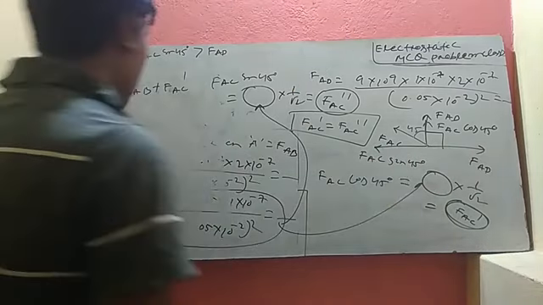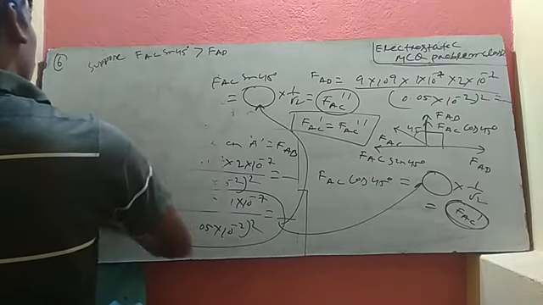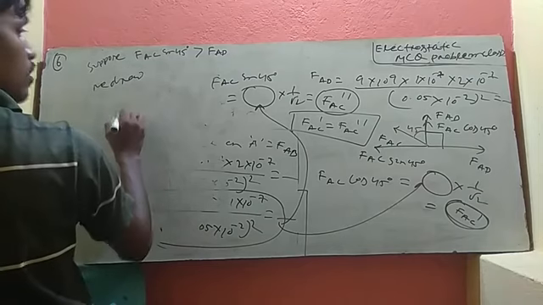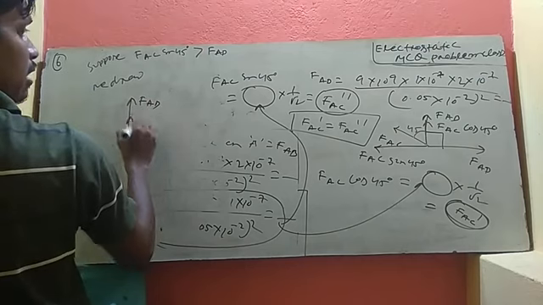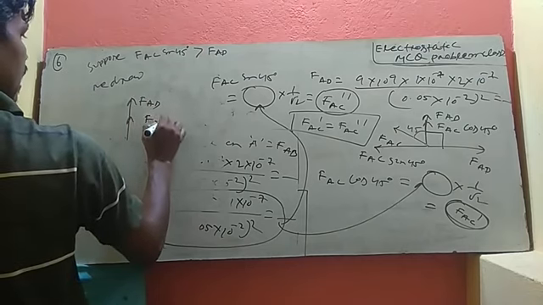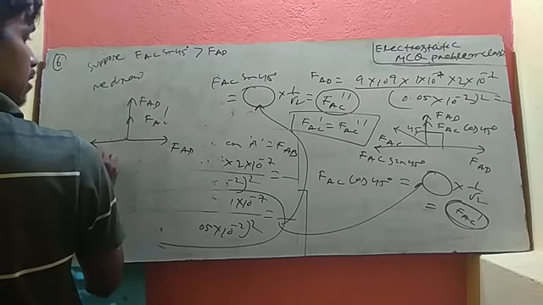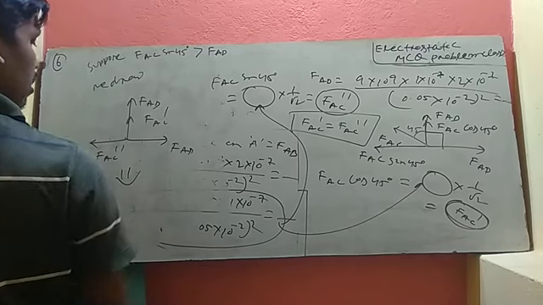That means again I will redraw. FAD is in this direction, FAC dash in this direction, FAC double dash in this direction. So finally we can redraw.